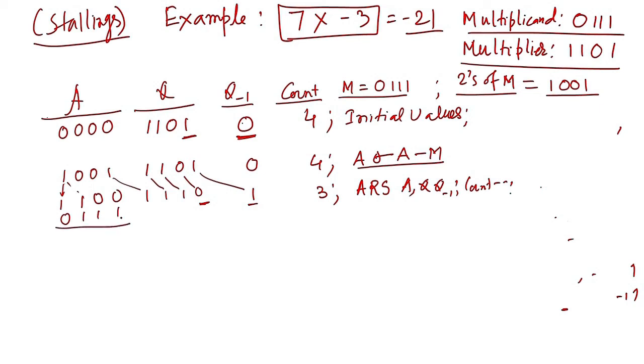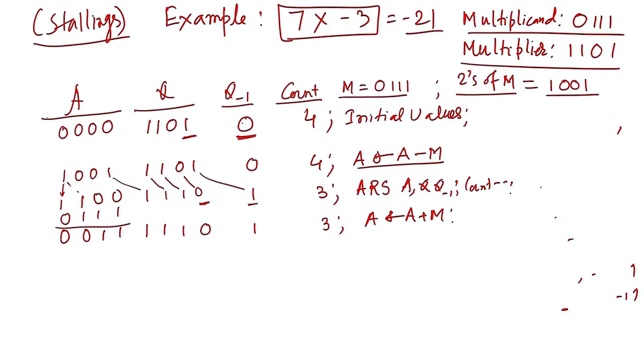So, if you add it, it will come 1 1 0 1 1 0. So, this number will come 1 1 1 0. This will be 3. So, here the operation we perform is A equal to A plus M.